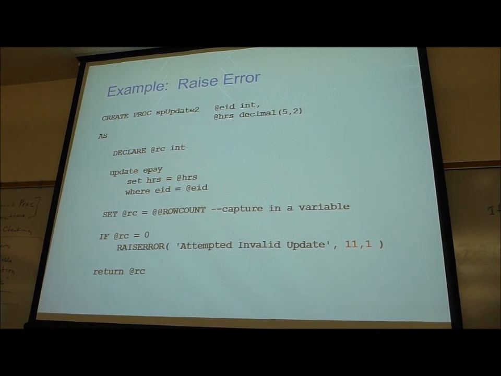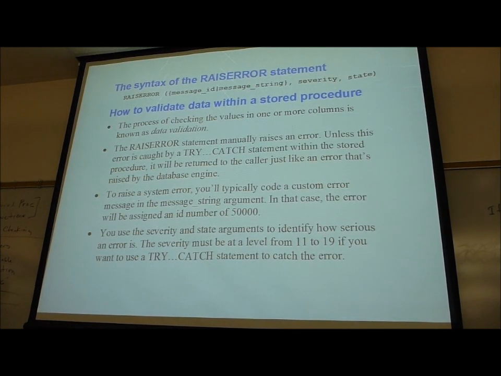Okay. I have 2 questions. One is that 11, 1. What is that actually? I assume the 11 is the error that we are creating? No, no. It has to do with system settings, values. 11 to 19 is the severity level, and then the 1 is the state, and I can't recall what that was. Basically, we don't use those.